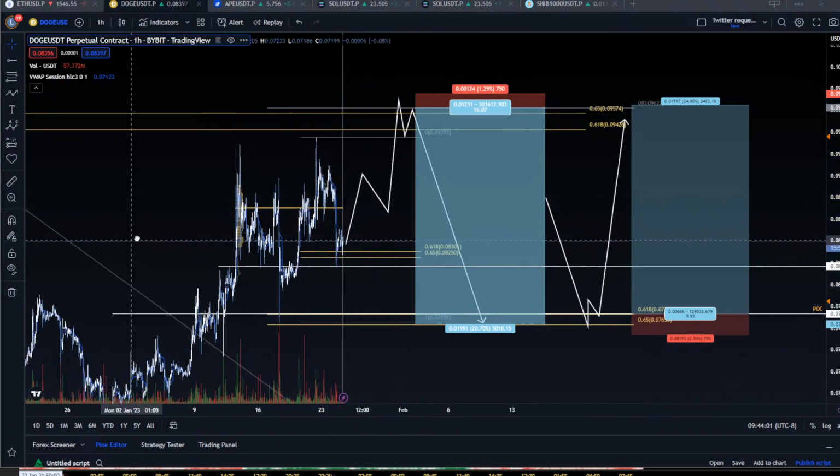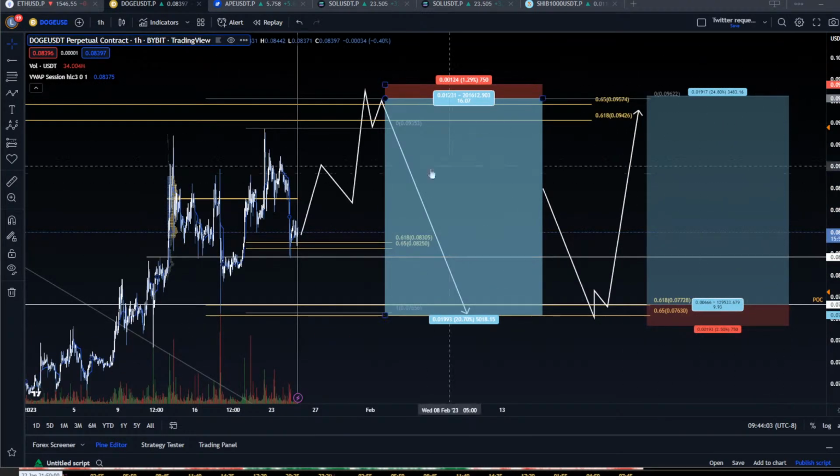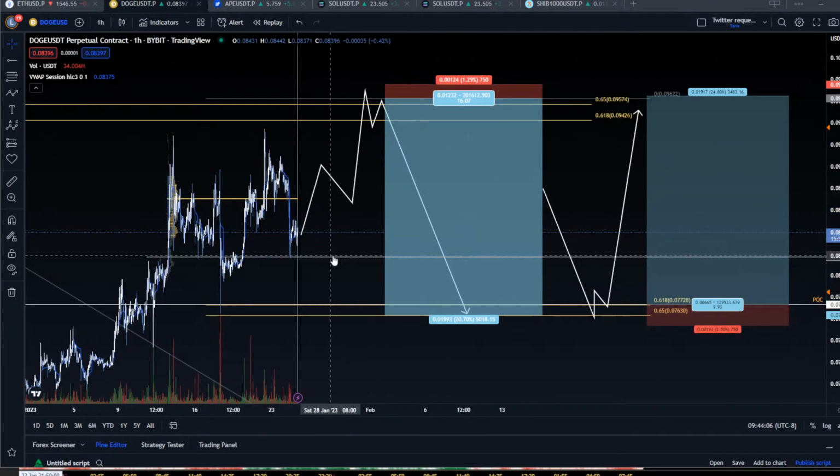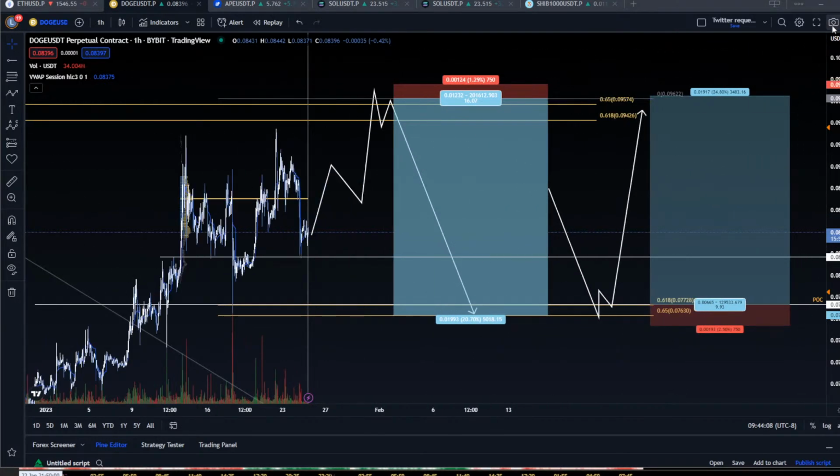Let's get rid of this ascending structure for now. Get rid of this too. It's not really pertinent to the idea that's on the chart.